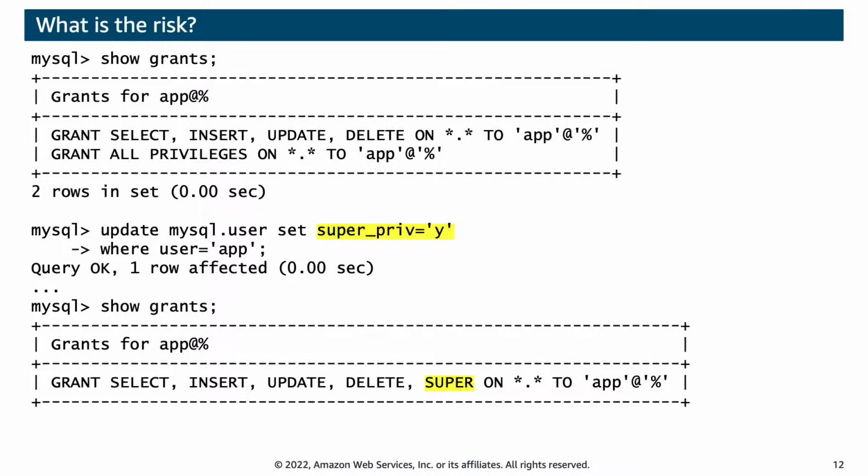I am here granting myself a super privilege on everything. So this is really bad, and this is exactly what we have been seeing in the previous slides, where what happened is that an application had a security problem. An application had a SQL injection.